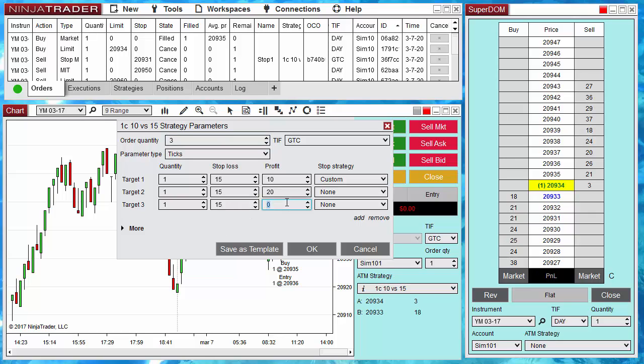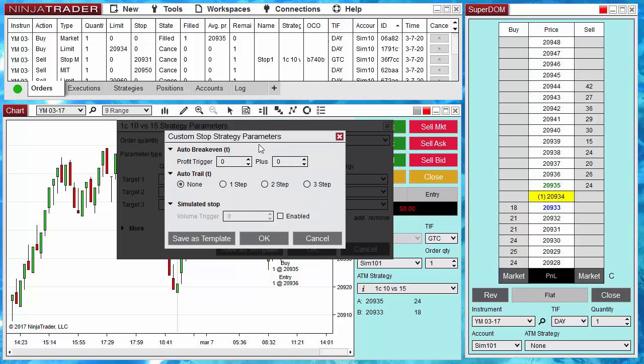Let's say we add a third contract with a bigger target and a trailing stop.